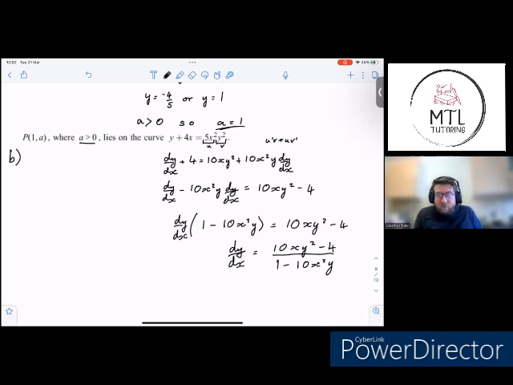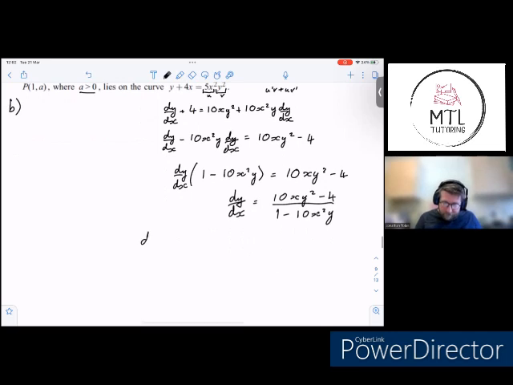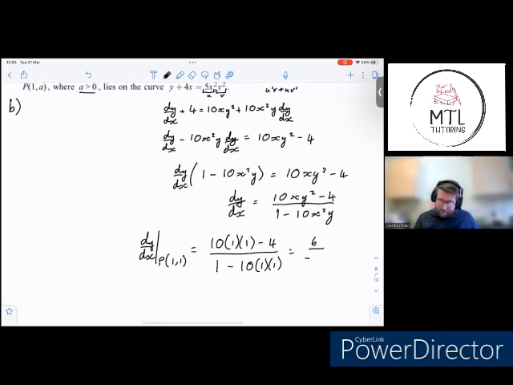But even if it wasn't, we wouldn't need to simplify it, because we just need to find what dy by dx is at point P, which is 1, 1. So that will be 10 times 1 times 1 minus 4 over 1 minus 10 times 1 times 1. So that becomes 6 over minus 9, which is minus 2/3.